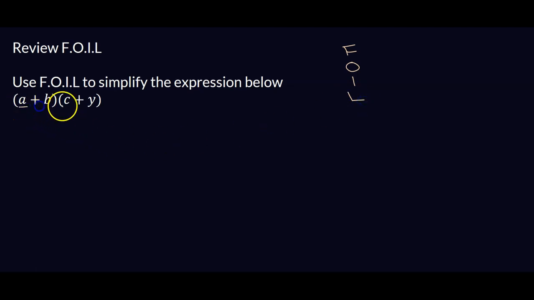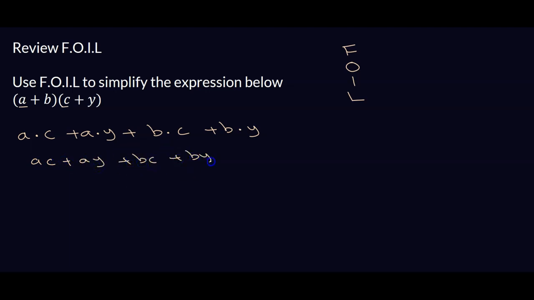So first terms are A and C. So this is going to be A multiplied by C. And then your outer terms are A and Y. And then your inner terms are B and C. And your last terms are B and Y. So this is going to be AC plus AY plus BC plus BY. So that's pretty much how you use FOIL.